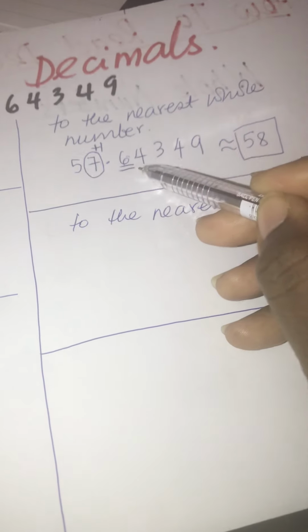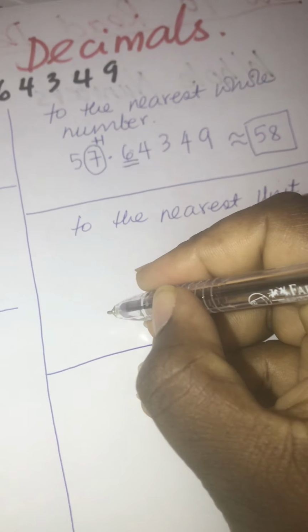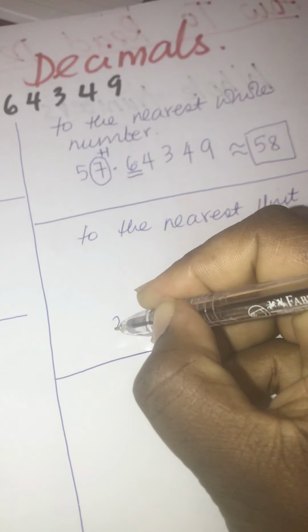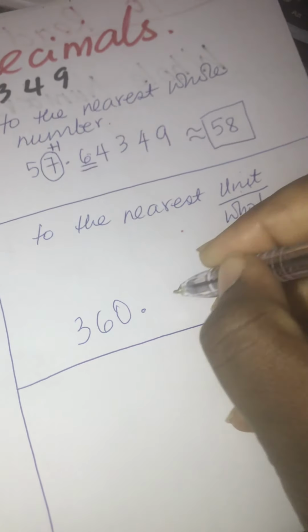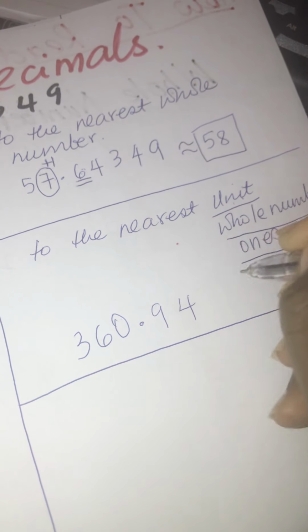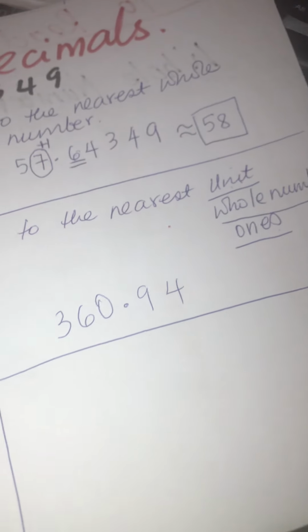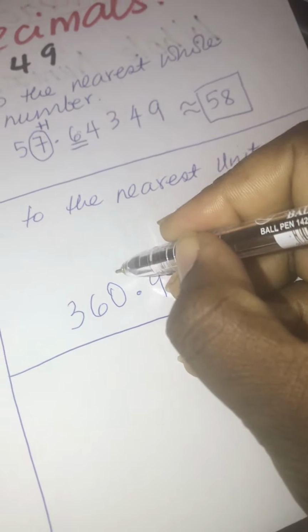So you will do it exactly like this, okay? Same way. So let's write another decimal. Let's write 360.94 hundredths.